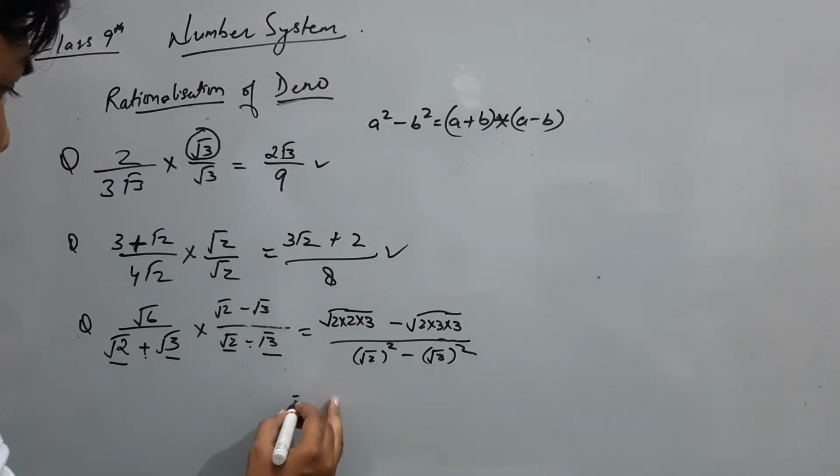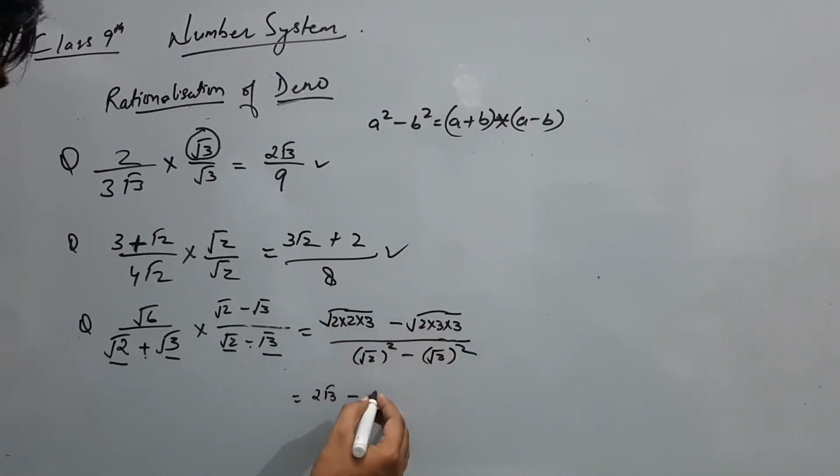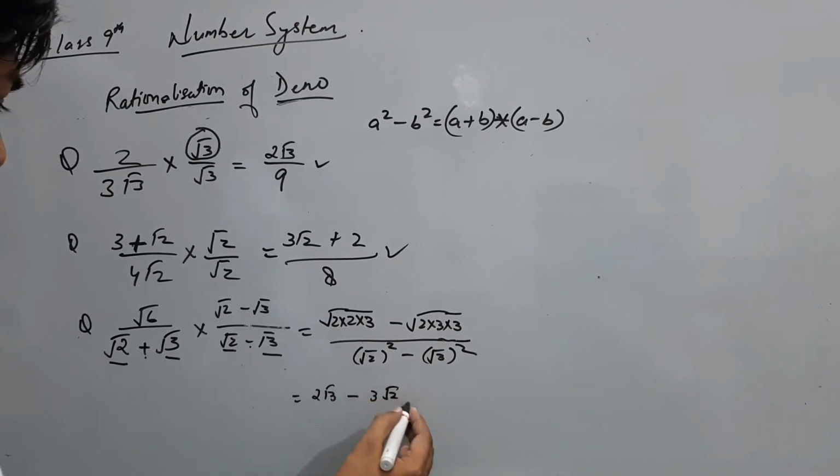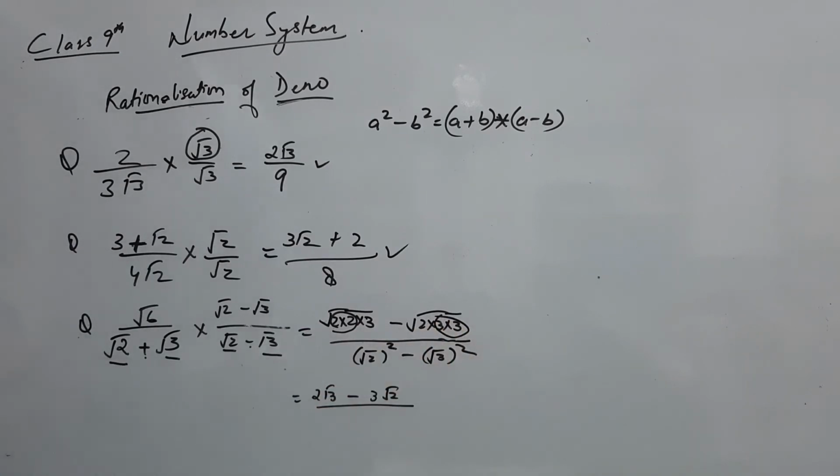On multiplying we will get 2 root 3 minus, here we will get 3 root 2. This is going to come out, and here this is going to come out. Whatever pair forms, it will come out, and this is the square of root 2. Root 2 into root 2 is 2. Square of root 3, root 3 into root 3, 3. So the answer is 2 root 3 minus 3 root 2 whole upon minus 1.